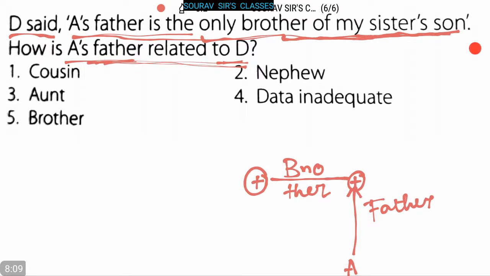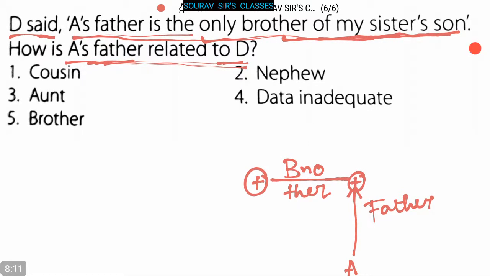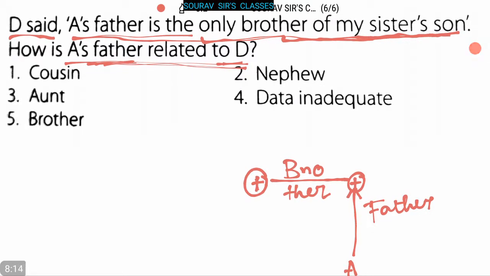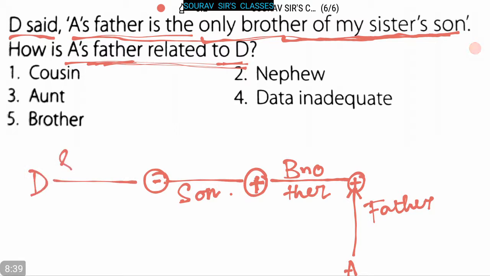Here is the son, and let's take his mother here. So their relation is son and mother, and let's take D here, and that is the sister.